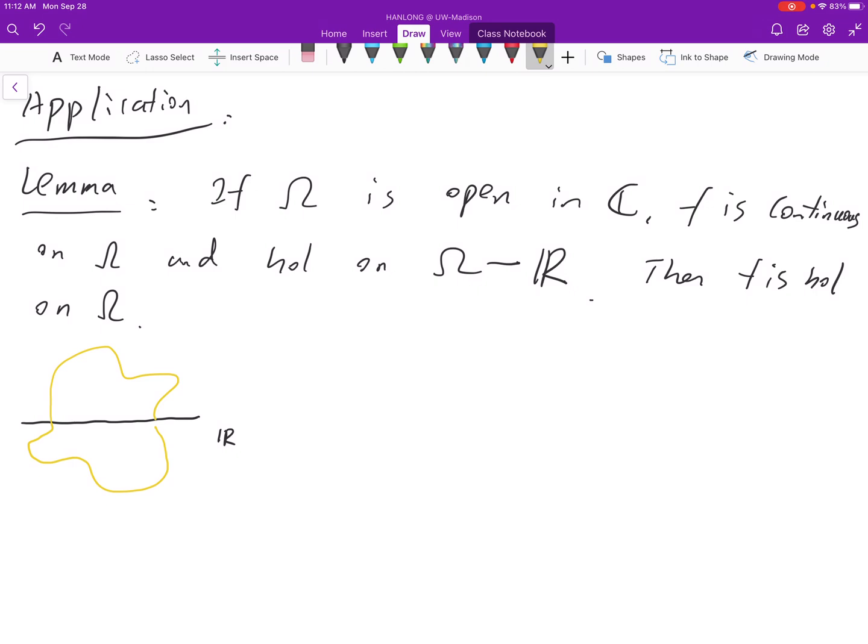The holomorphicity holds by assumption only on the interior of the upper half domain and the interior of the lower half domain. In particular, you don't know the holomorphicity for the points on the real number line.